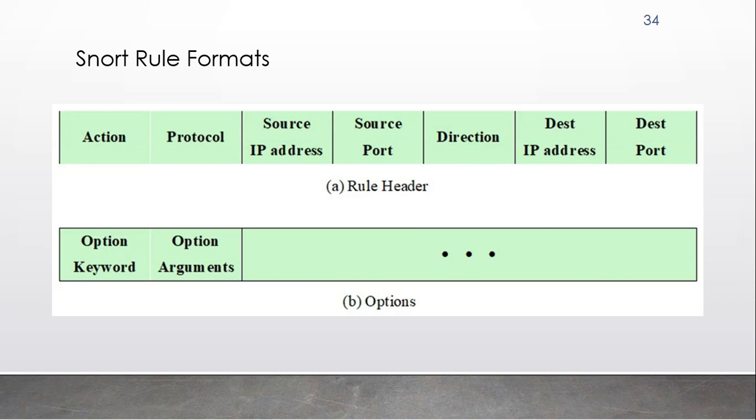The destination IP address and destination port respectively designate the destination IP address of the packet and its destination port. The rule header may be followed by 1 or more options. Each option consists of an option keyword, which defines the option, followed by arguments which specify details of the option.